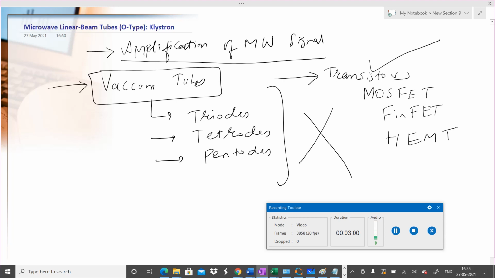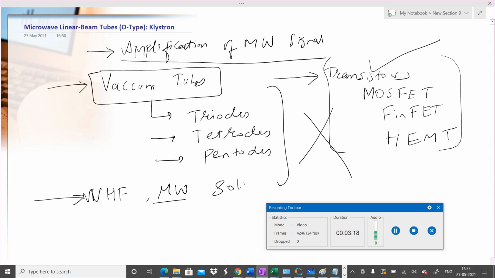They have completely replaced these vacuum tubes, but at microwave frequencies, if you have low power applications, solid state devices work fine.